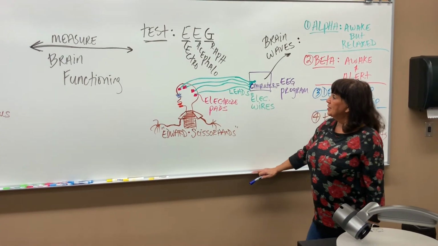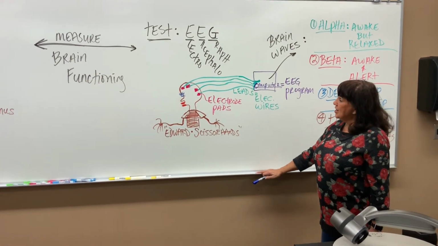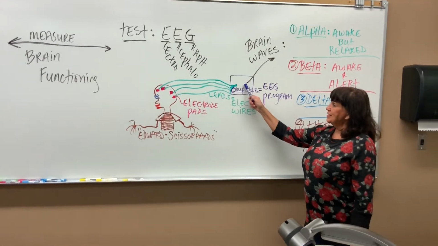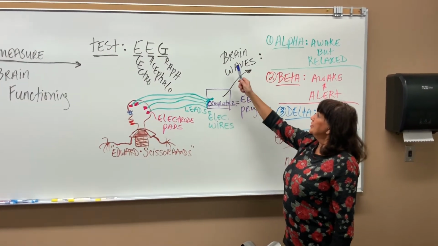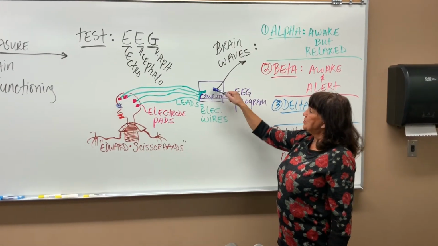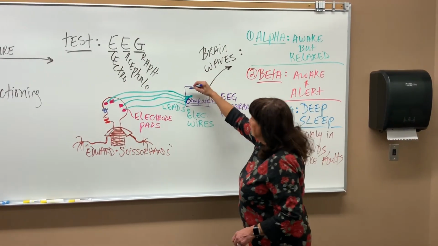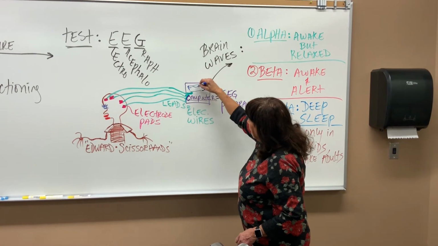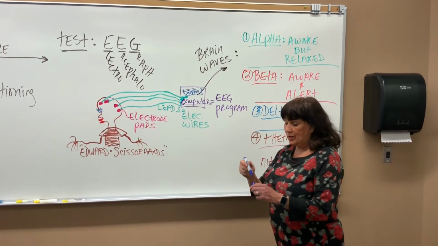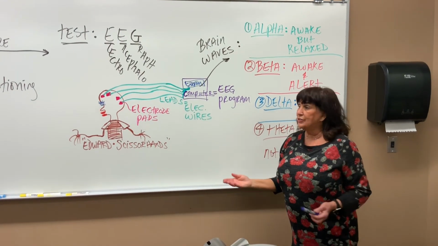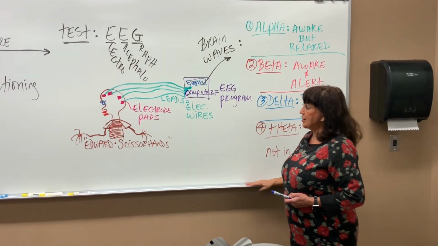Once the computer gets this electricity in from the leads, it's going to generate something on a screen, and it'll generate different types of brain waves, okay? Brain waves, which are electrical signals coming from where we placed our pads.